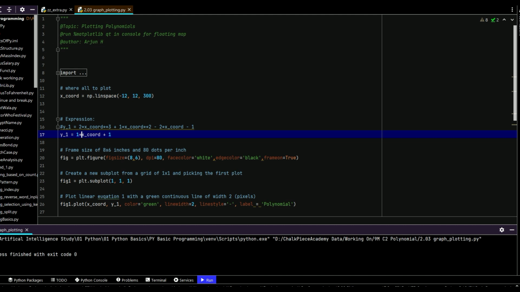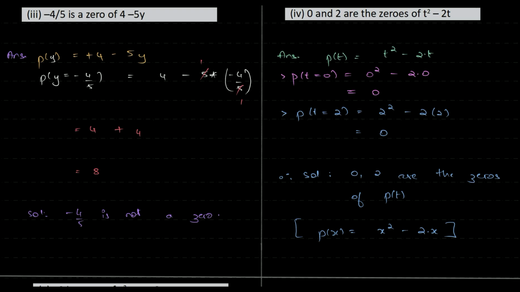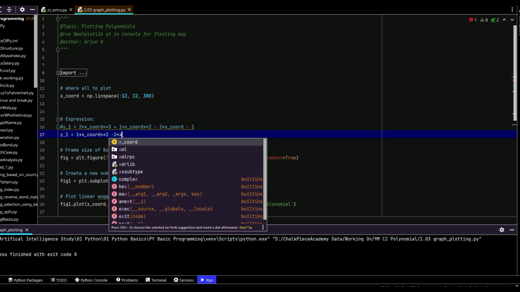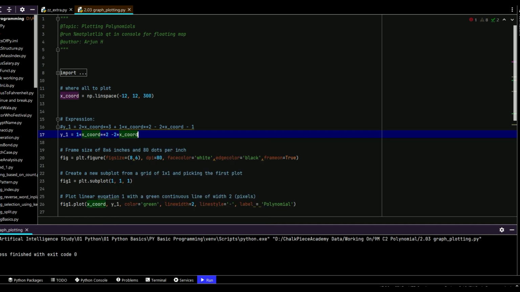So this is 1, coefficient is 1. So that's x square and minus 2 into x to the power of 1. So that's good enough. Okay.